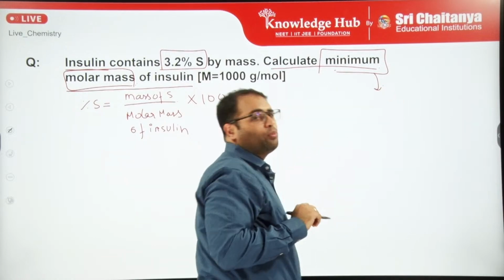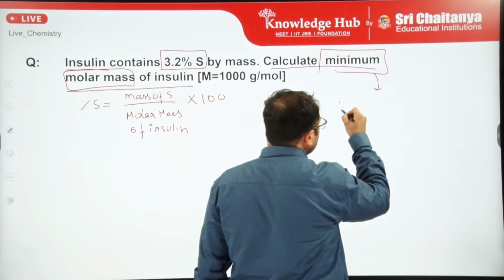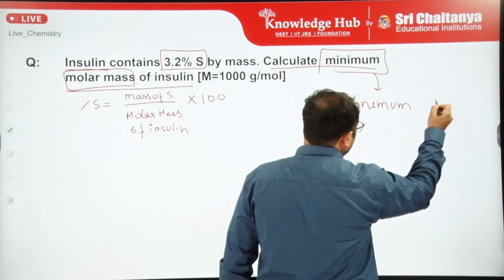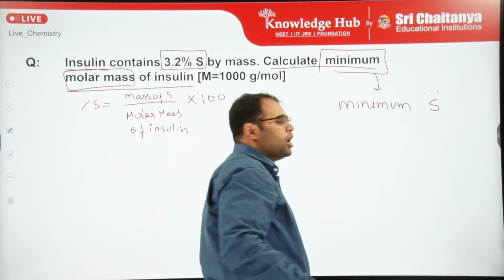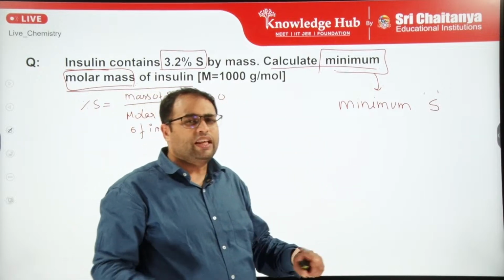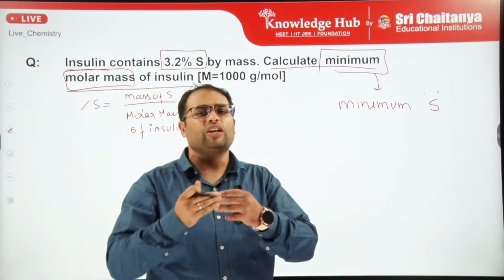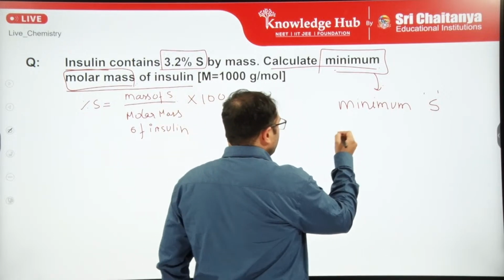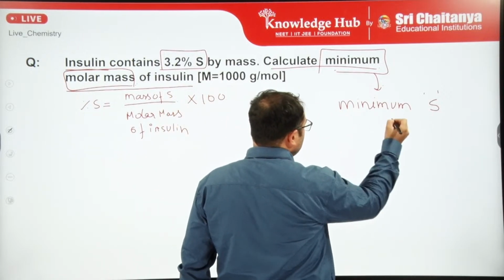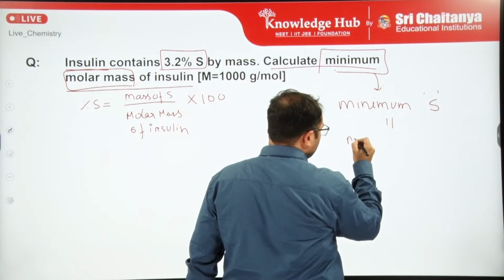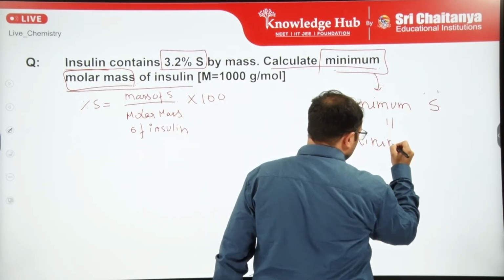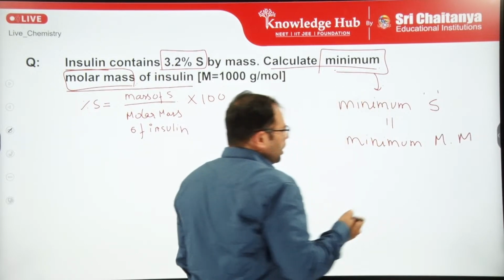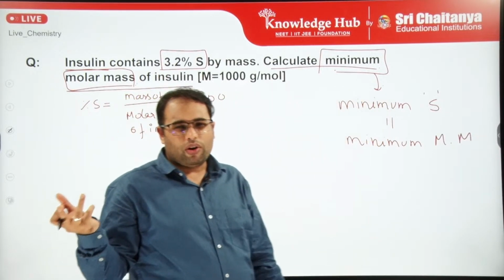You will have minimal molar mass when you have minimum sulfur, because they have given you sulfur, and I think sulfur is the only thing that is variable in this formula of insulin. So if you have minimum sulfur in the formula of insulin, then only you will have minimum molar mass.